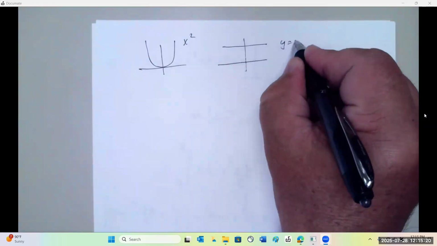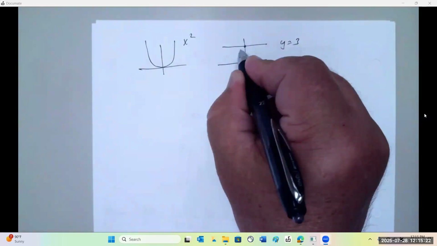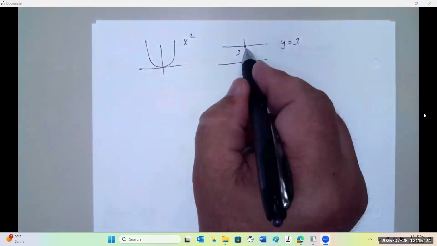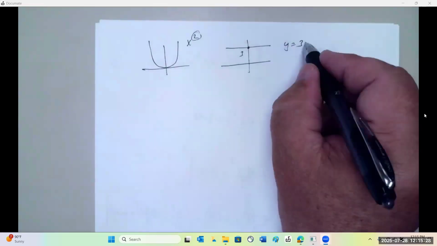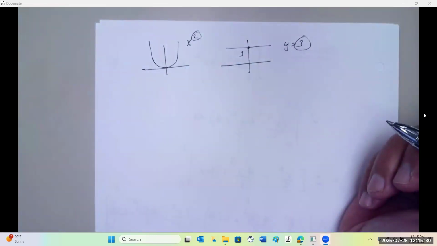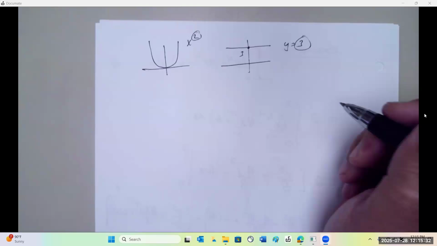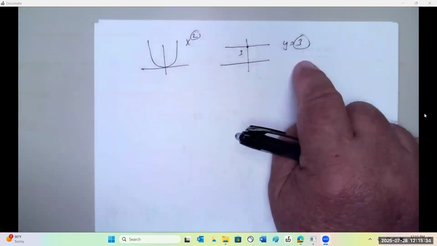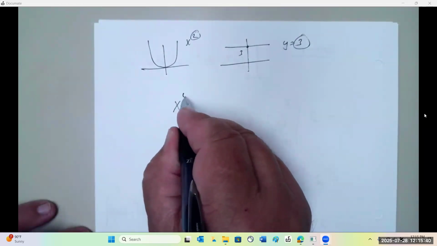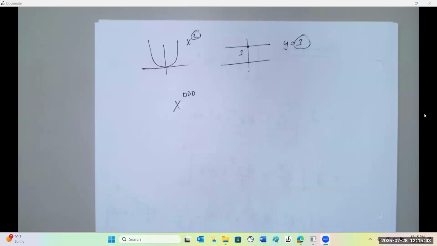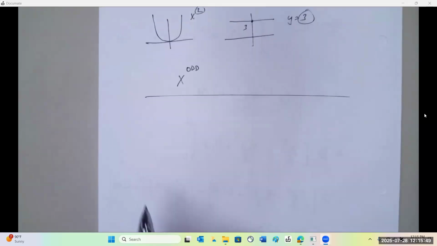The line y equals 3 is symmetric about the y-axis, so that's an even function. So anything with an even exponent and or a constant is an even function. The only thing is constants cannot go with odd exponents. For it to be an odd function, it has only odd exponents, nothing else. That's a very fair question.